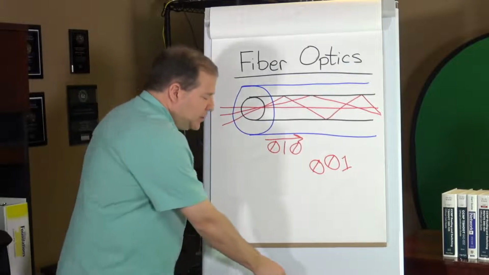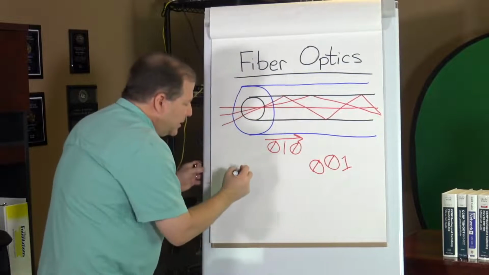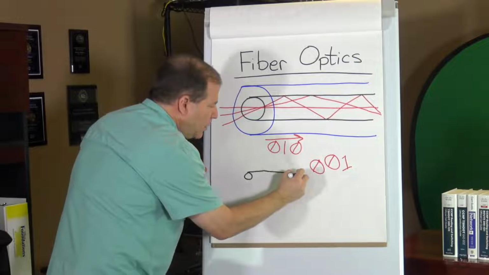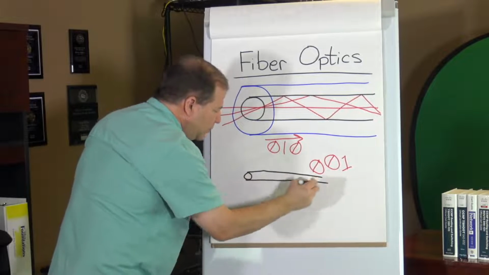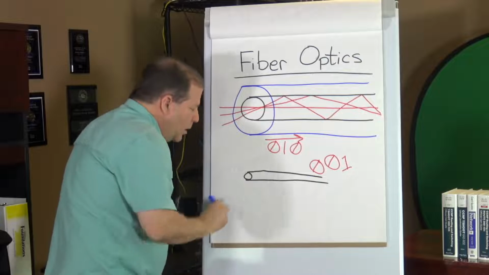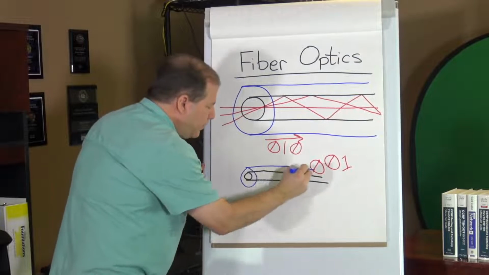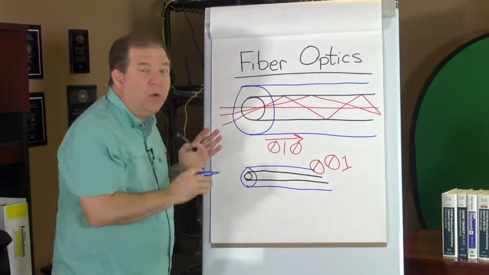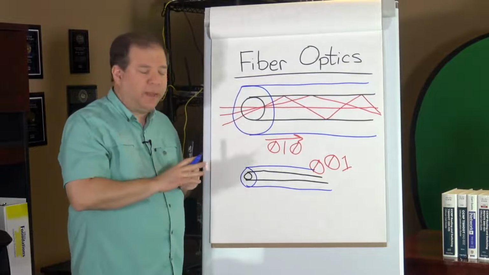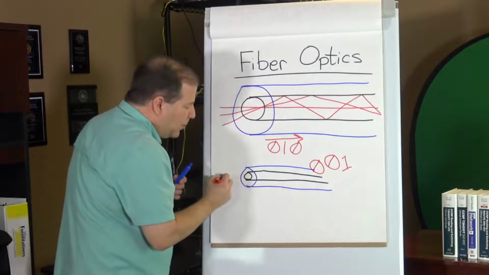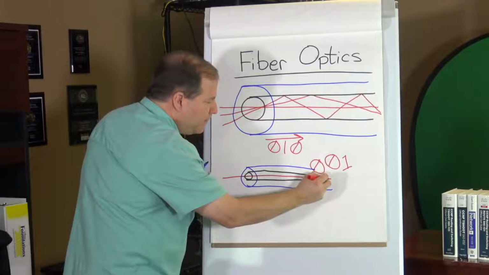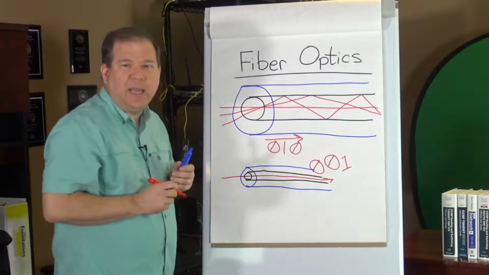Another way to address this issue is to simply have a smaller core. With a smaller core, there's not room for all these different modes of propagation. There's only room for light to take one path down that fiber optic cable.